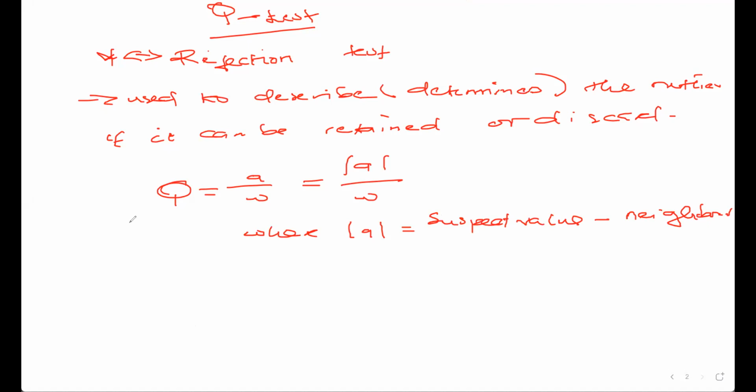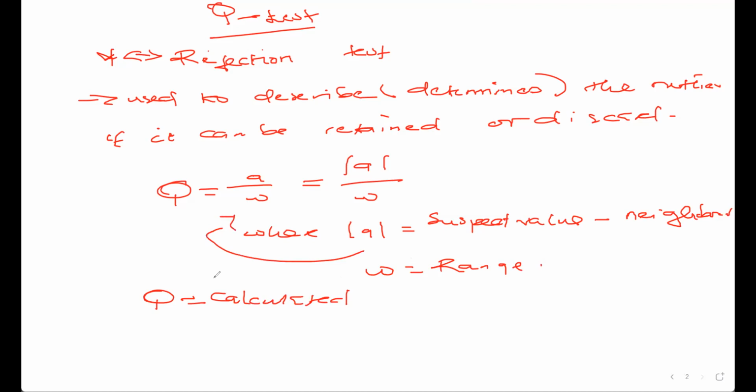And then W is basically the range. W is the range of variables. This one is known as Q calculated, the one we have just calculated using this formula.